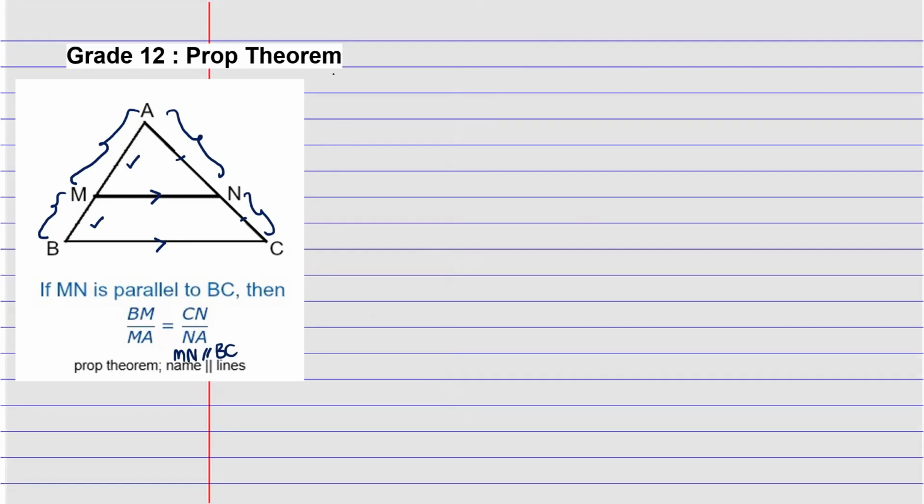You can write it like this, or you can write it like this: MA divided by MB is equal to AN divided by NC, since we started with MA. And your reason again is proportionality theorem.